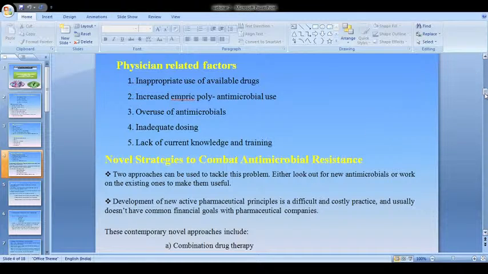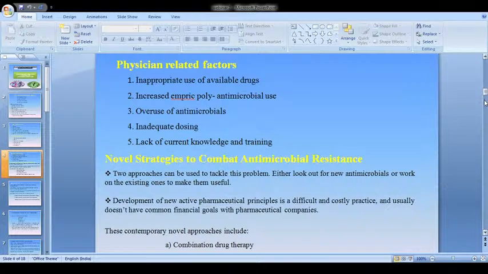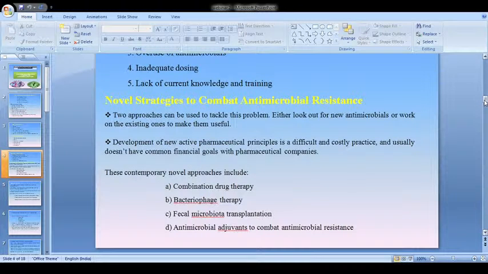The first one is combination drug therapy, the second is bacteriophage therapy, the third is fecal microbiota transplantation, and the fourth is antimicrobial adjuvants. These are the contemporary novel approaches to combat antimicrobial resistance. Now we can see them one by one.